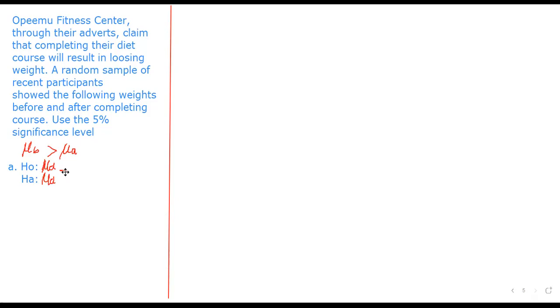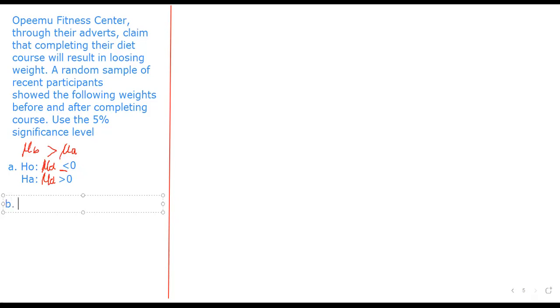I think the claim is greater than 0, and if this is greater than 0, this will be less than or equal to 0. You get it? Yeah.